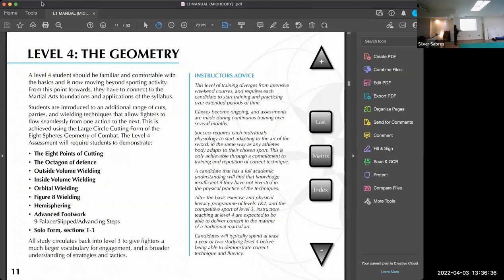Okay. Success requires each individual's physiology to start adapting to the art of the sword in the same way as any athlete's body adapts to their chosen sport. This is only achievable through a commitment to training and repetition of correct technique.